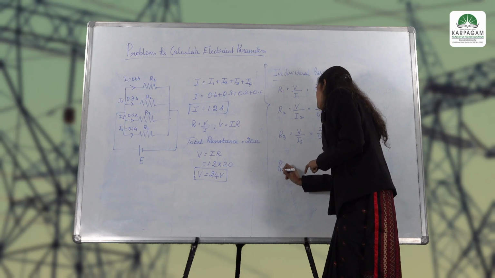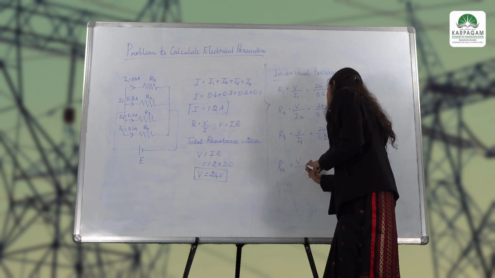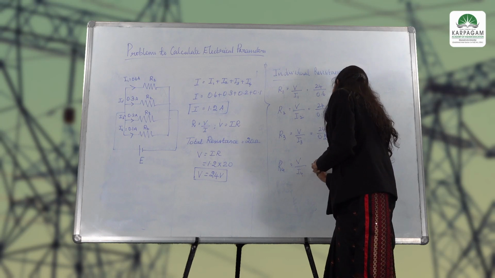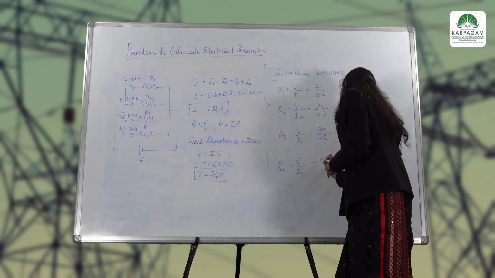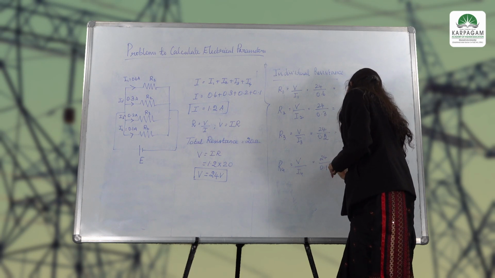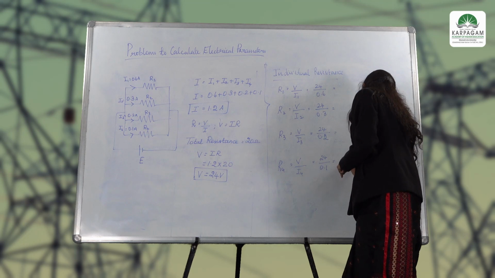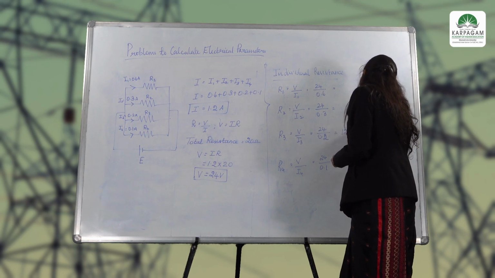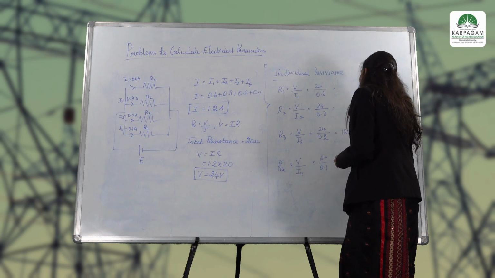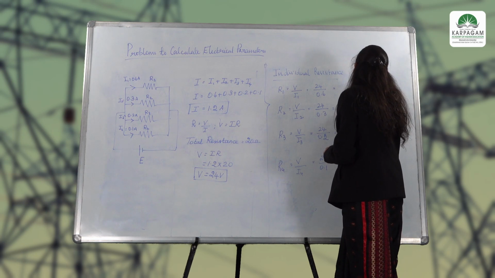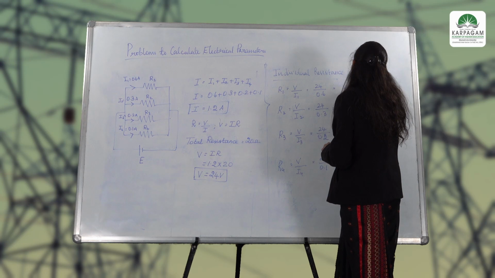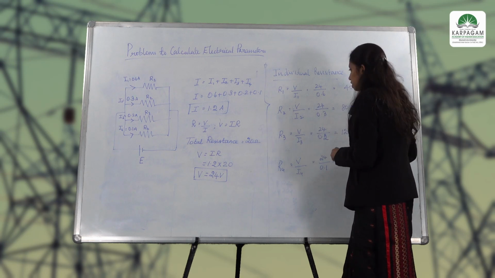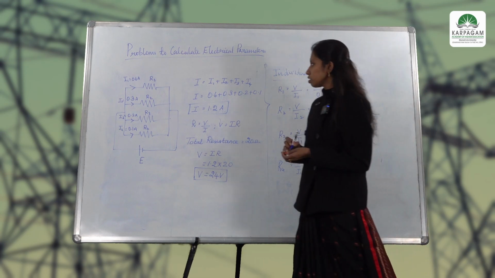And your R4 is the constant voltage divided by I4 current, that is nothing but 24 by 0.1. So we can easily calculate: 24 by 0.6 is 40 ohms, 24 by 0.3 is 80 ohms, 24 by 0.2 is 120 ohms, and 24 by 0.1 is 240 ohms. So the individual resistances are also calculated in this problem.